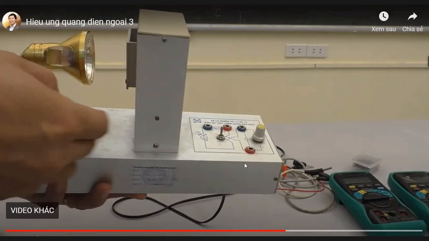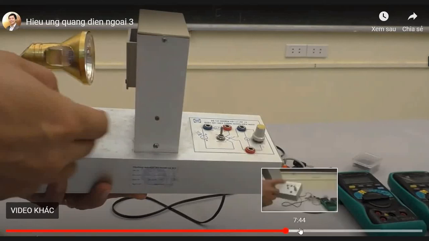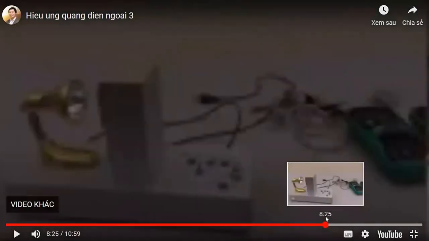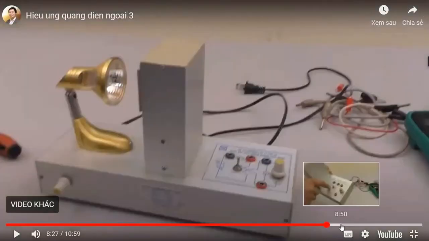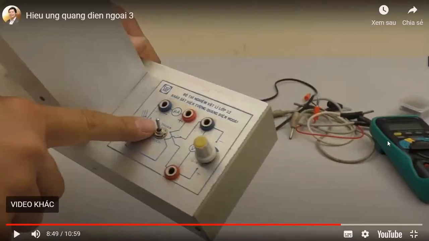Okay, so this is about the apparatus, and the others are quite easy because you already know them, like the multimeter here, or you can call it specifically the ammeter and the voltmeter, right? And it's a fixed circuit for this experiment.